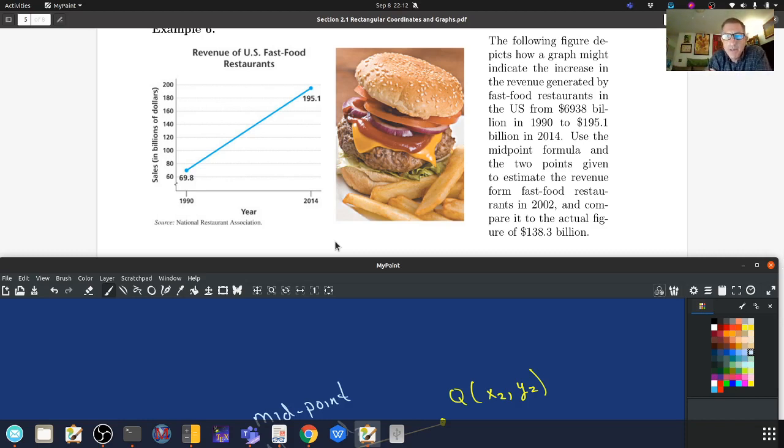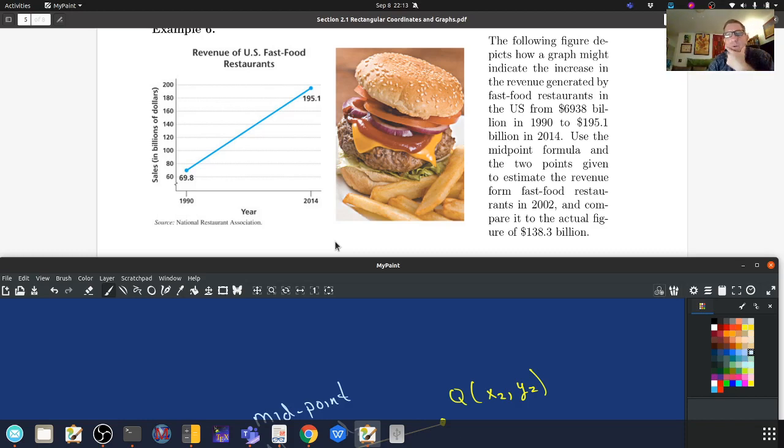The following figure depicts how a graph might indicate the increase in the revenue generated by fast food restaurants in the U.S. from $69.8 billion in 1990 to $195.1 billion in 2014. Can you imagine? That's their revenue. Of course, it's all of the fast food restaurants in the U.S. That's just the U.S. We pay a lot of money to go to McDonald's, huh?